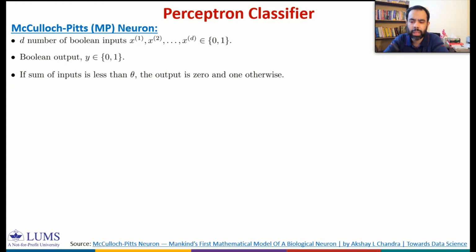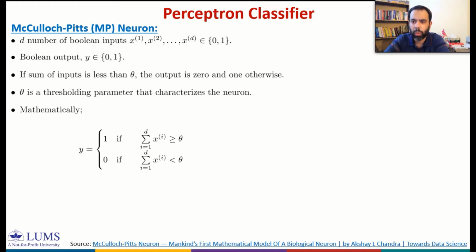Mathematically, it simply means that output is 1 if the sum of the inputs is greater than or equal to theta and is 0 otherwise. So the idea is fire the neuron if at least theta number of inputs are active, because here we are assuming that inputs are Boolean and output is Boolean.